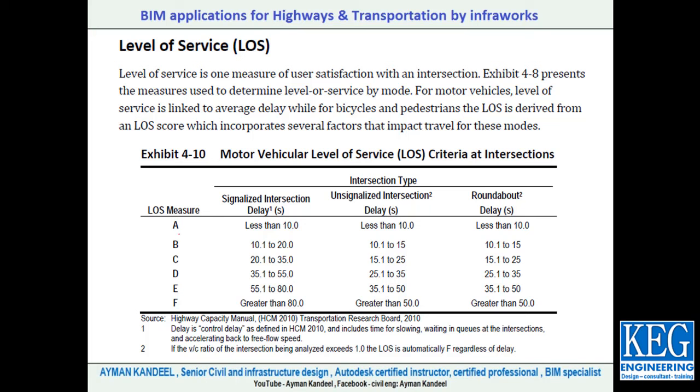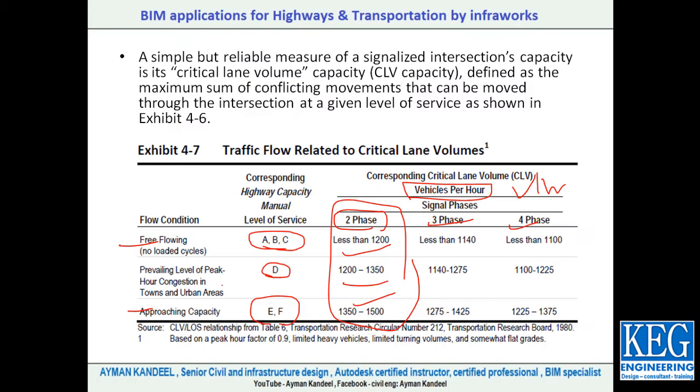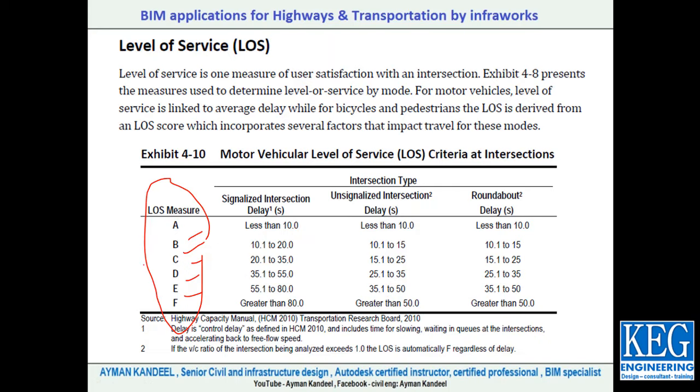So based on this categorization, level of service A, B, C, D, E, as we described in the previous section, for free flow it will be ABC, for the prevailing level of peak it will be D, and approaching capacity E and F. So based on this flow type and the type of intersection, signalized, unsignalized, and roundabout, you can go and get the value for waiting or delay time. This delay time is the acceptable delay time for satisfied customers.